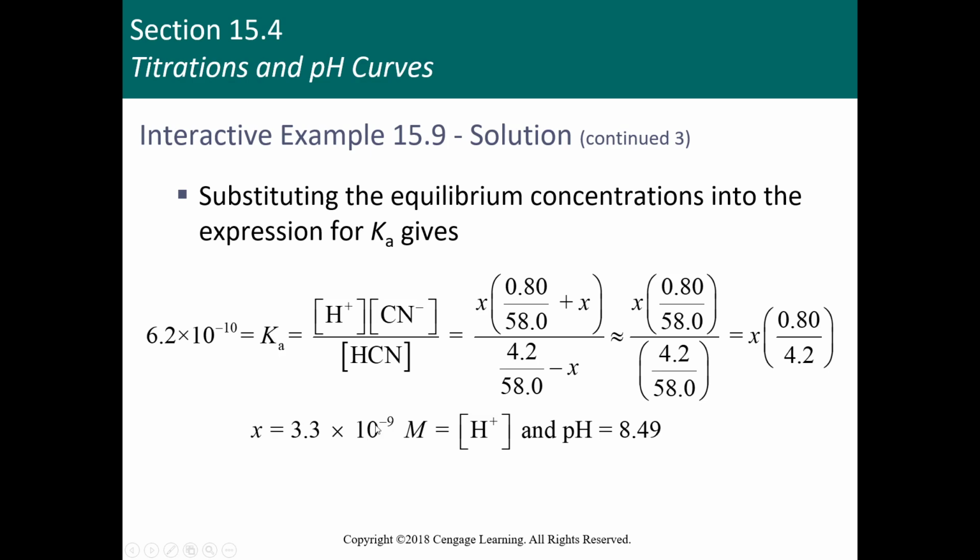Notice that that is much less than 5% of these. That's a very small number. And so that will be our H plus concentration. We take the negative log of that, and that will give us a pH. Okay. And so we have seen that our pH here is 4.849.